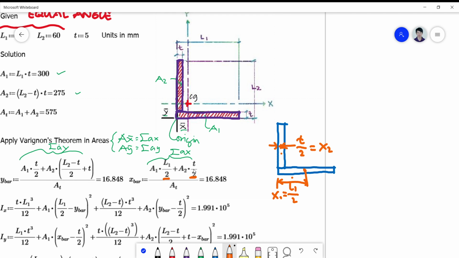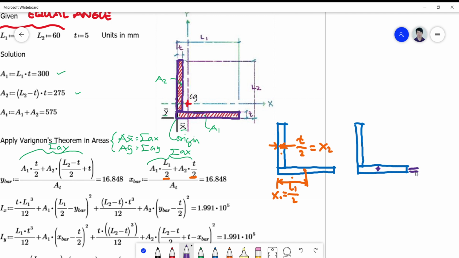Okay? While for your y bars, if you look into the distances y2 and y1, I have here my centroid.